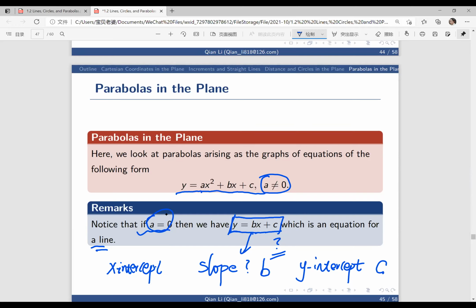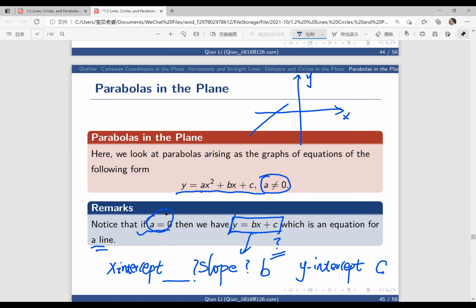The x-intercept of this line is what? Let's see, this is the x-axis and this is the y-axis.